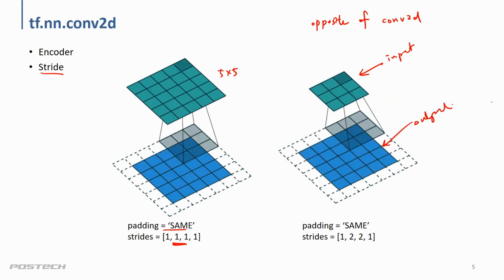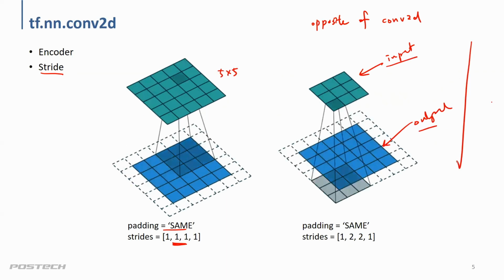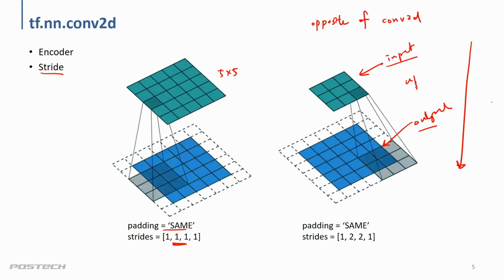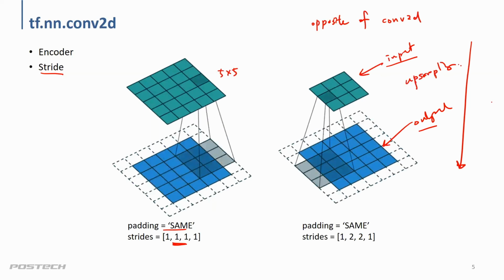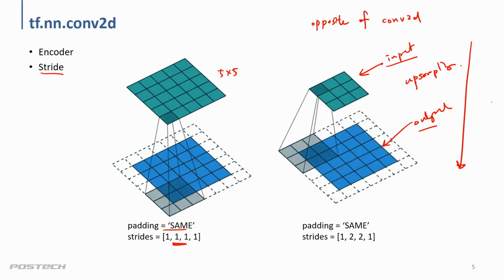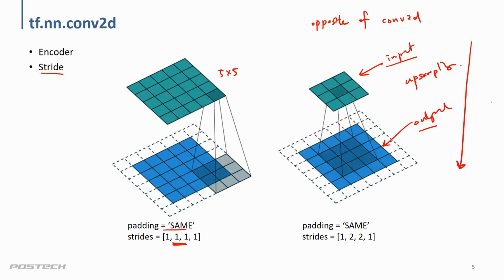So I need to reverse the input and outputs. If this is inputs and outputs, as you can see over there, we do upsamplings. Conceptually, it will be the opposite of conv 2D, but there's no such operation.